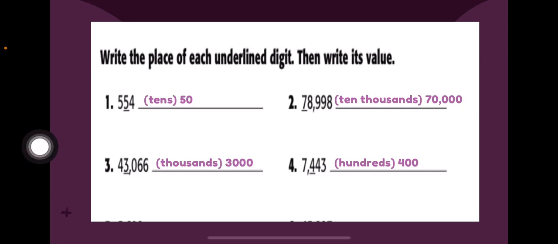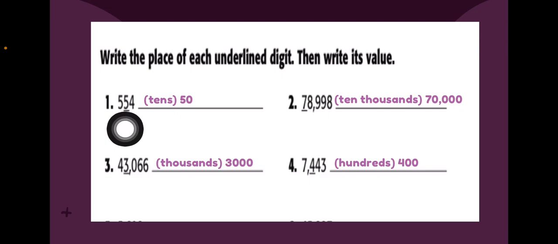Okay, so let's see. Write the place of each underlined digit, then write its value. So here, the place or the house of each digit. Let's start with this one. Here, the number is 554.